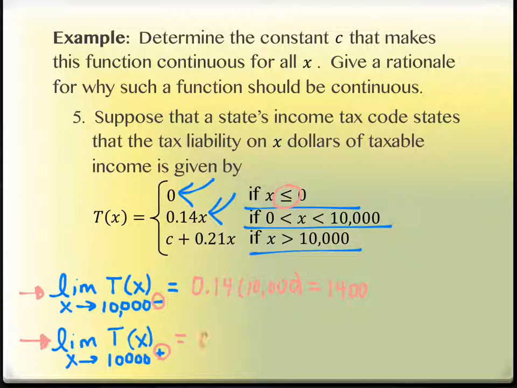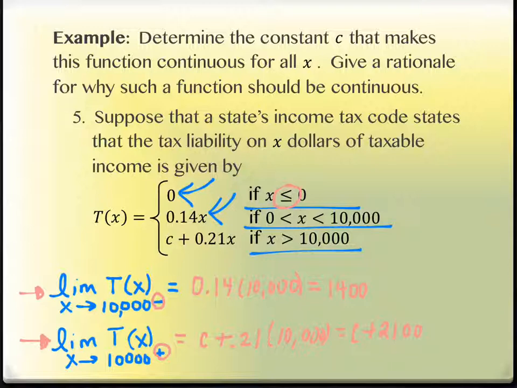So I've got c plus 0.21 times my 10,000 here. So this is c plus something. What is 10,000 times 0.21? 2,100, right?